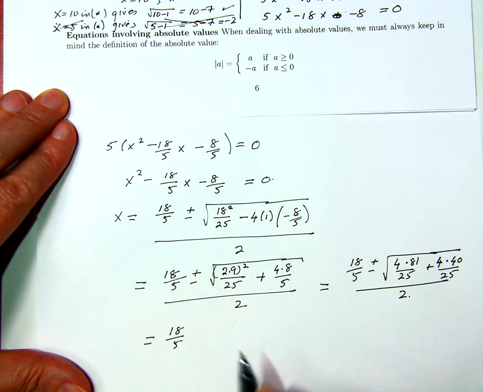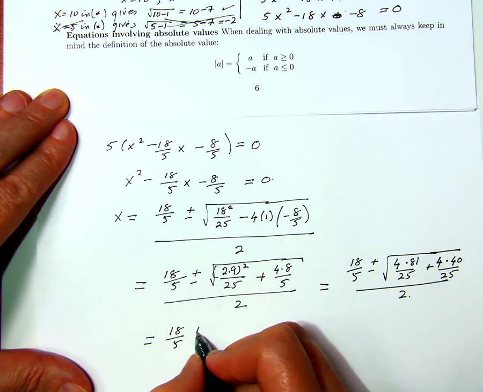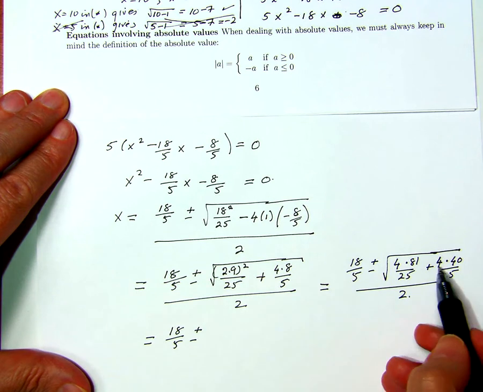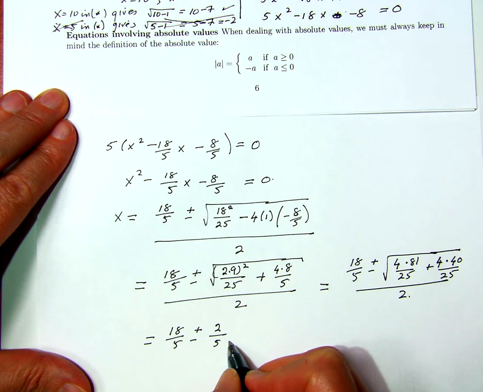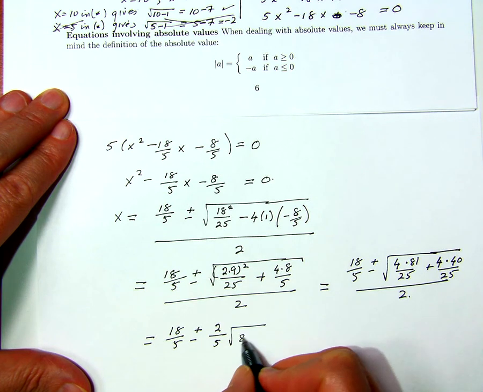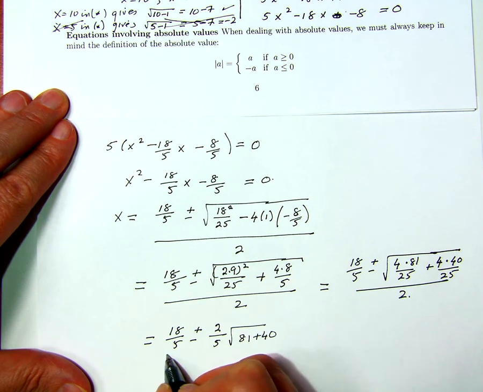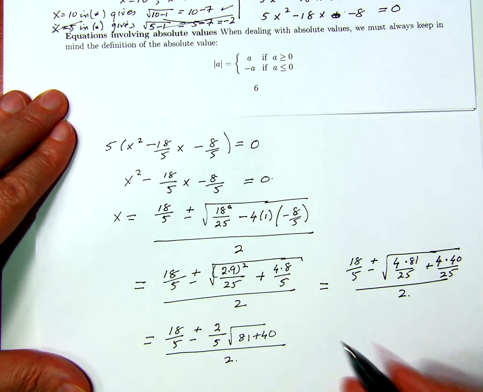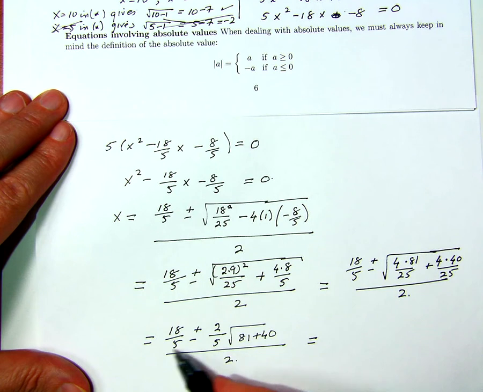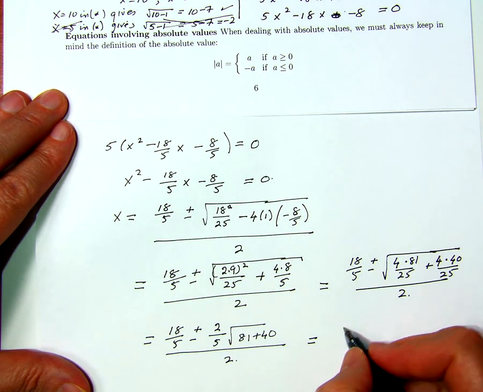And that is equal to 18 over 5 plus or minus, I'm going to pull out that 4 and the 25, so that becomes 2 over 5 times the square root of 81 plus 40, all over 2. Now that's taking this 1 over 5 out.